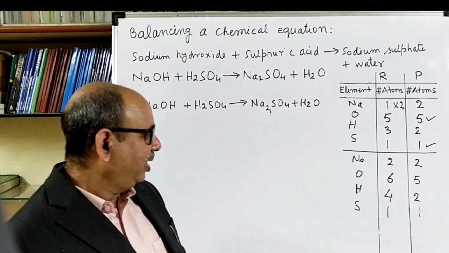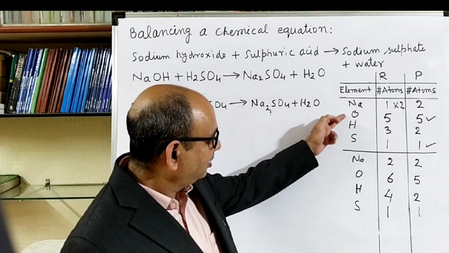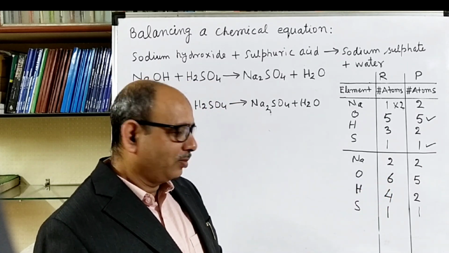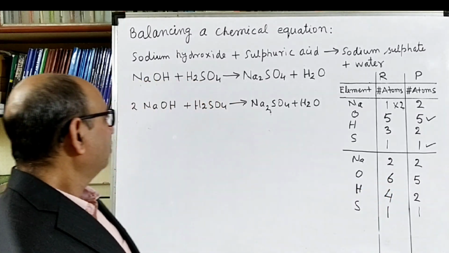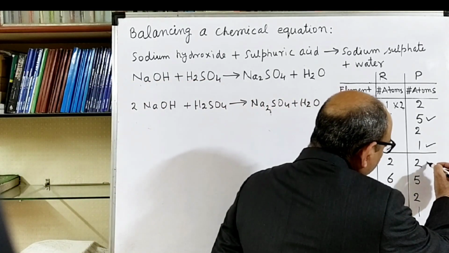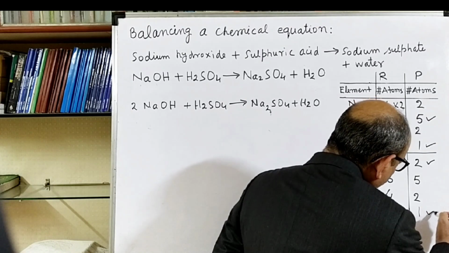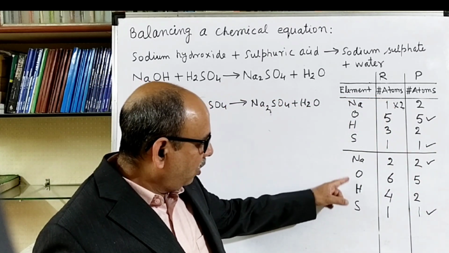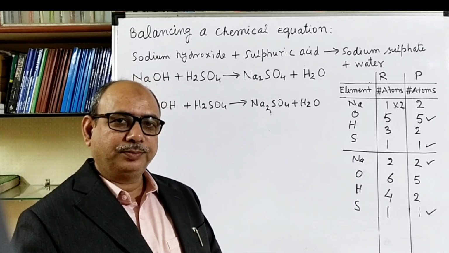So earlier the number of oxygen atoms was balanced. Now it is not balanced. It has changed. We need to balance it. Number of sodium atoms is balanced. Number of sulfur atoms is balanced. We need to balance the oxygen and hydrogen.